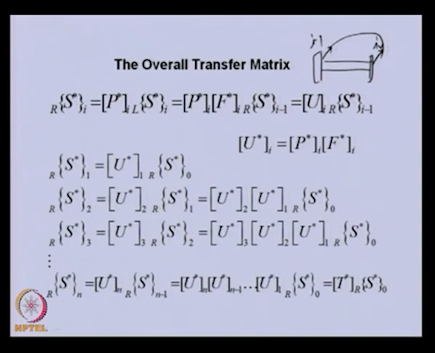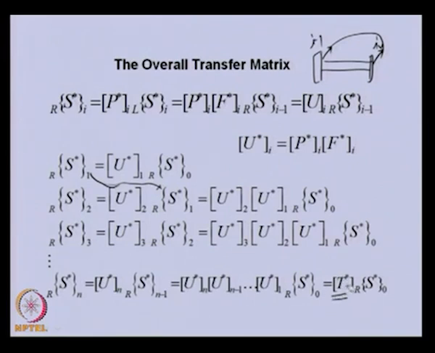Now we can substitute this here, and this will be u2 into u1 and the state vector at the 0 station. Similarly, for 3, it will be the multiplication of u3, u2, u1 and the state vector at the 0 station. We can extend this up to the nth station. In that case, we will have the multiplication of all these transfer matrices up to 1, and the multiplication of all these we represent as T, which is the overall transfer matrix.